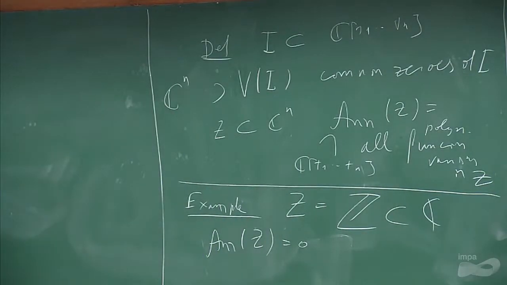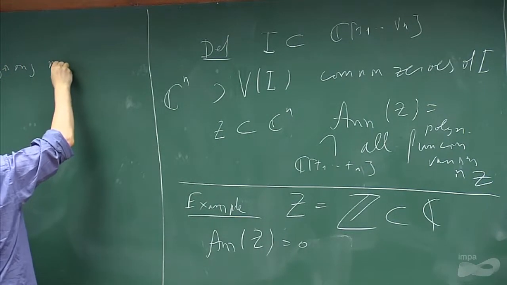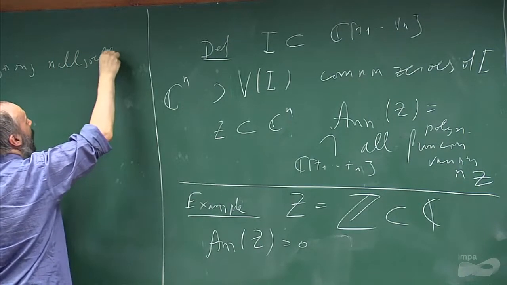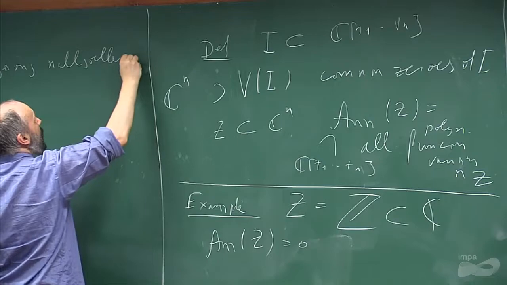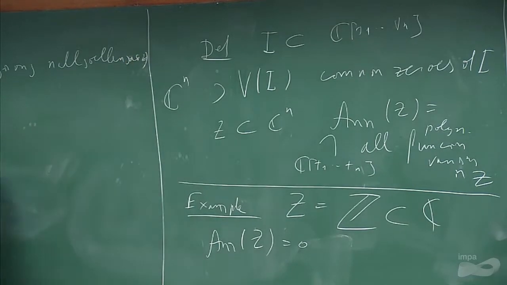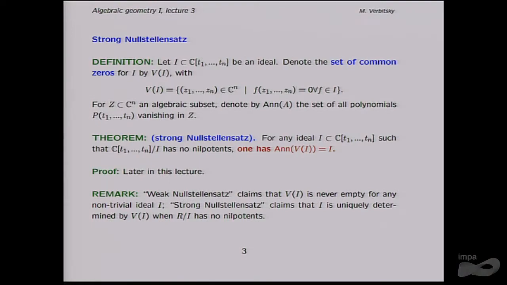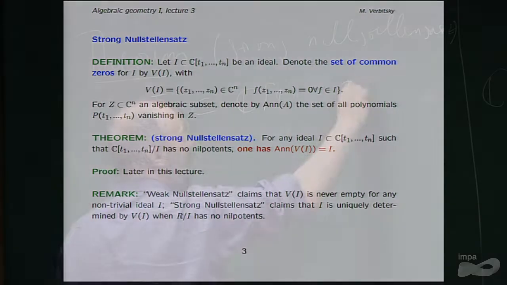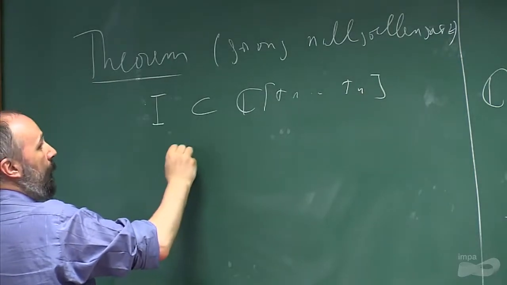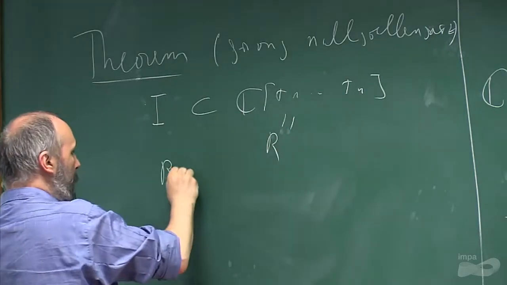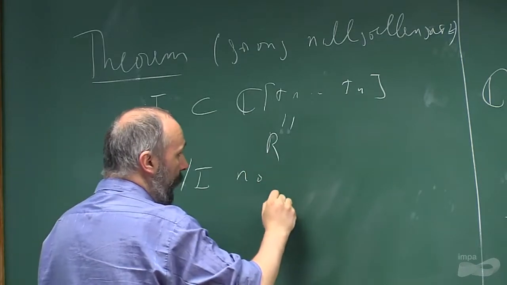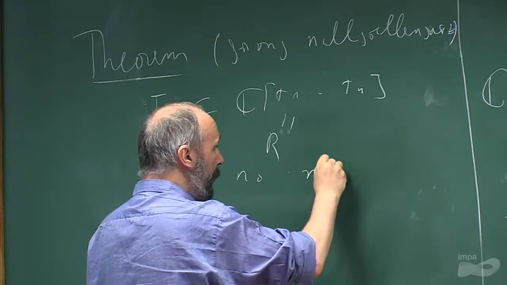However, the theorem, the Nullstellensatz, tells us that if you have an ideal I inside T1 through Tn, and let's denote this R, R by I has no nilpotents.